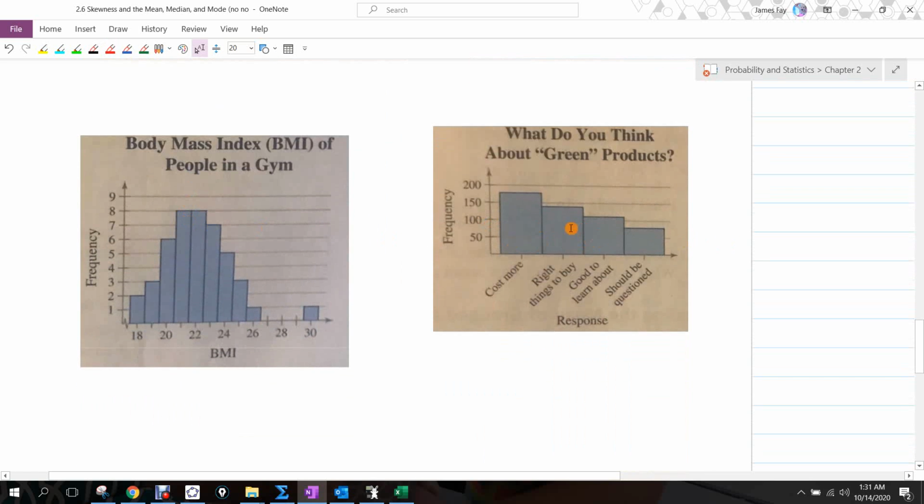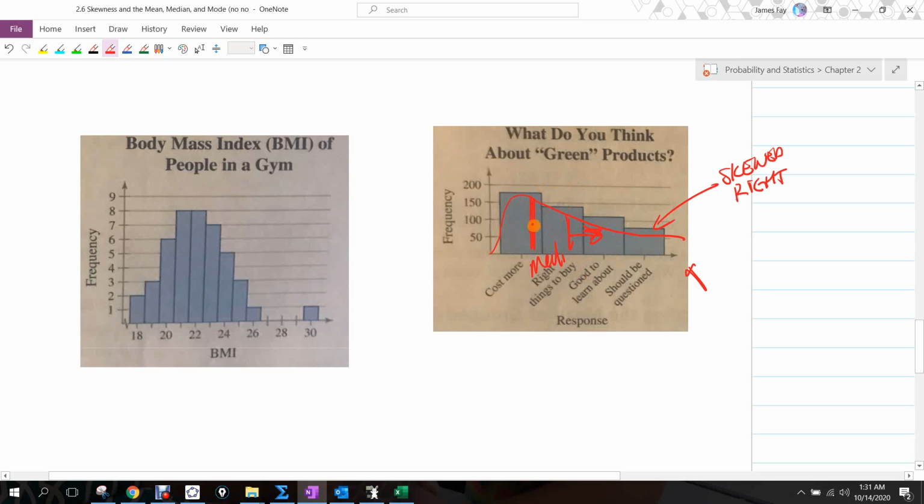Come down to this one here. Now this one here, if we think about this, the tail is to the right. So this is skewed right. Which means there's an outlier out here, which means my median is back here somewhere, and my mean has been pulled away.